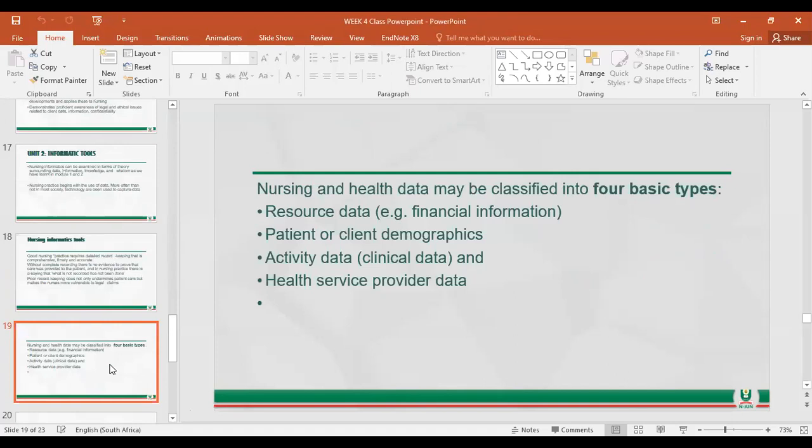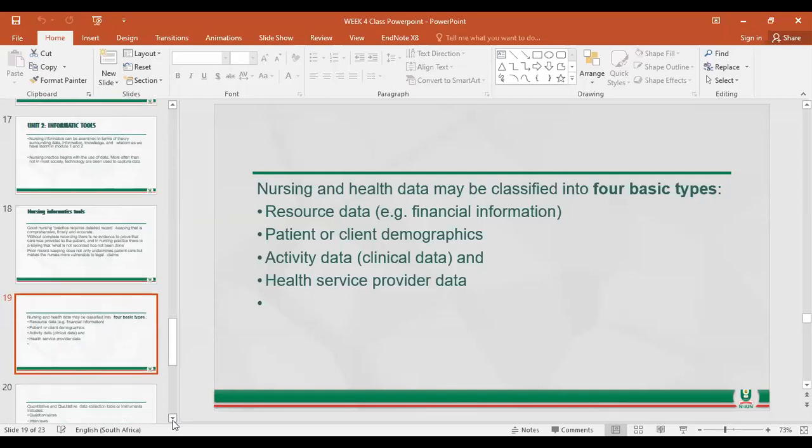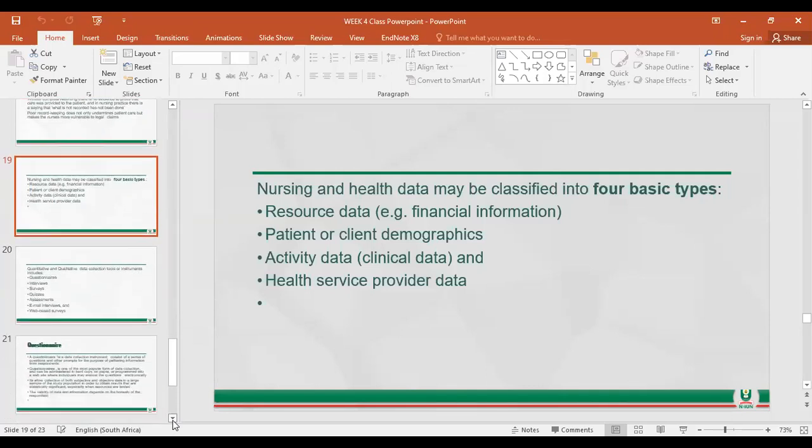We have activity data, that is the clinical data, and lastly, health service provider data. And so far, we've seen the 4 basic classifications of nursing health data that we can have in nursing.